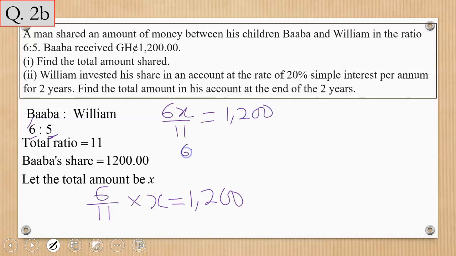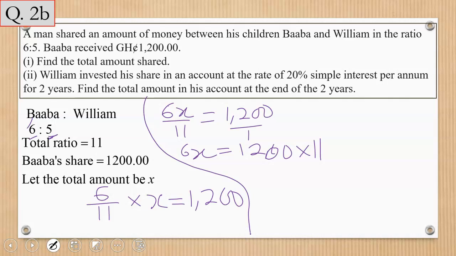If I do cross multiplication, that is 6x over 11 equals 1,200 over 1. 1 times 6x is 6x, 11 times 1,200. I'm not multiplying it to get the actual value because I know I'm going to do some cancellation work here. So we have 6x is equal to 200 times 11.